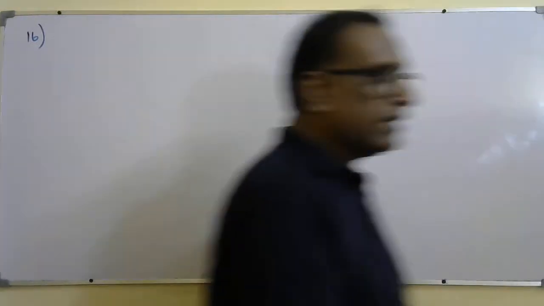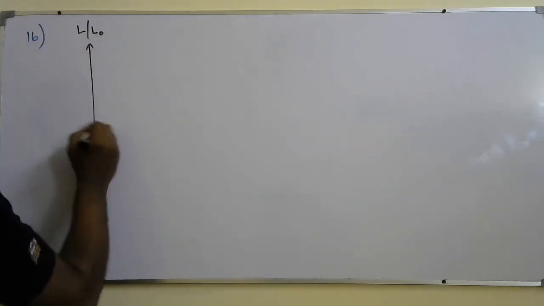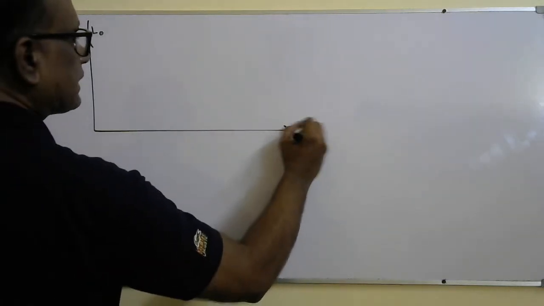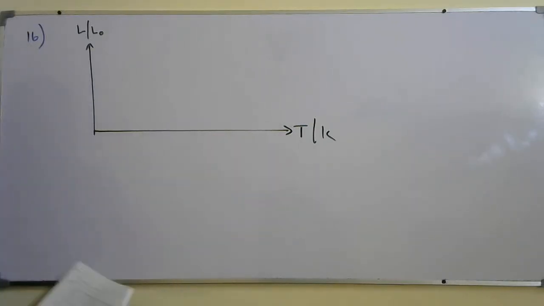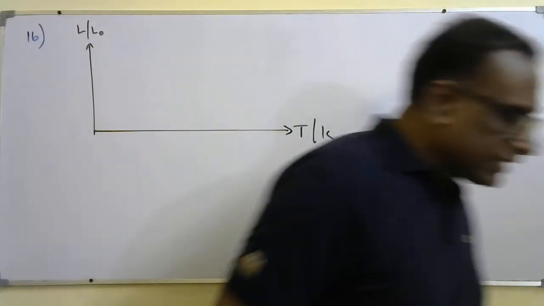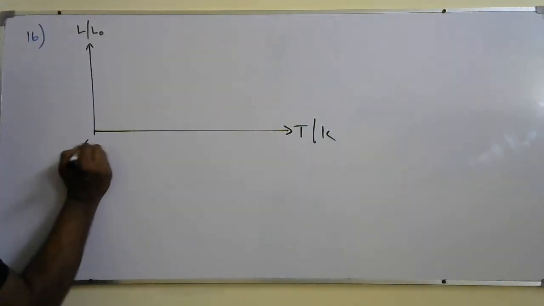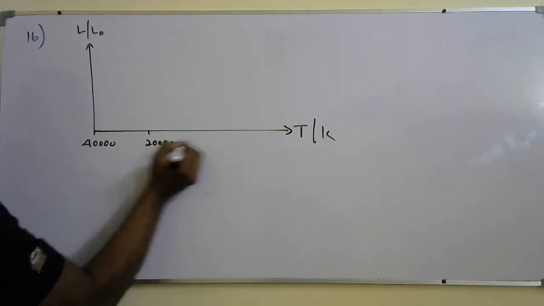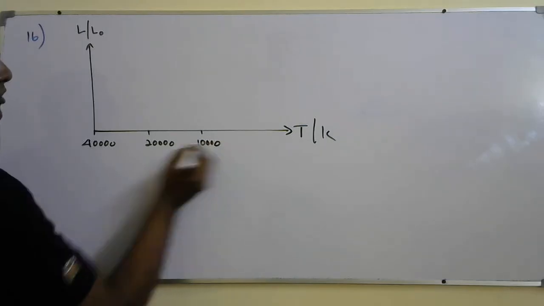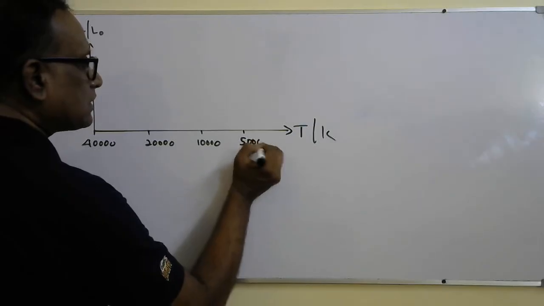You know the HR diagram. In the Hertzsprung-Russell diagram, the y-axis is relative luminosity, L over L sun, and the x-axis is the temperature in Kelvin. Normally the temperature is marked in the decreasing direction. For example, starting from somewhere like 40,000, then 20,000, 10,000, normally in that order, factor of half, then 5,000, 2,500.